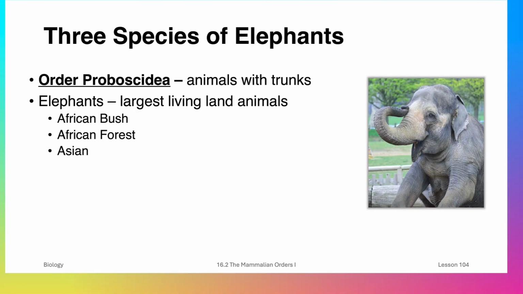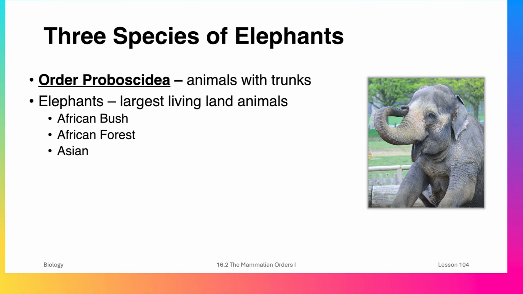The next order is, I have trouble pronouncing these, Proboscidea. You might recognize the term proboscis. The proboscis is like a tube or a snout, and the order Proboscidea is animals with trunks, such as the elephant. The elephant is distinguished because it's the largest living land animal.